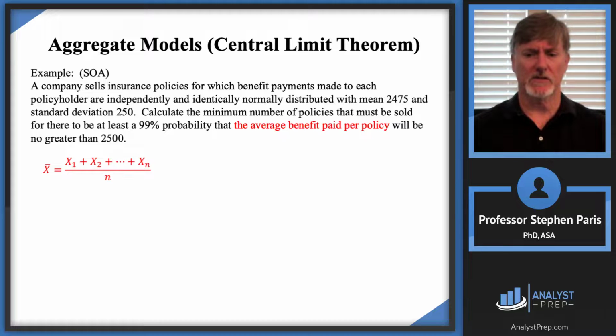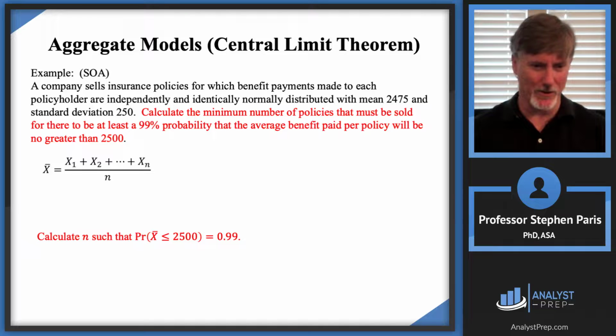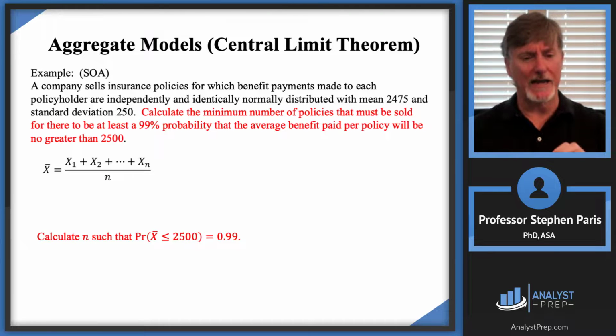And now let's try to make sense of what we're asked to calculate. It's the minimum number of policies that must be sold for there to be at least a 99% probability that the average benefit paid per policy will be no greater than 2,500. So we want to calculate N, where N is the number of policies, such that the probability, so I'm going to use 99% instead of at least 99%, is equal to 99%.